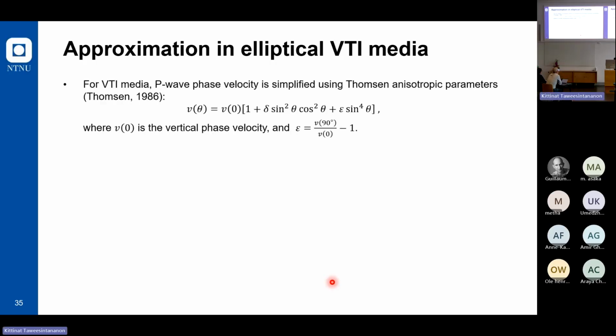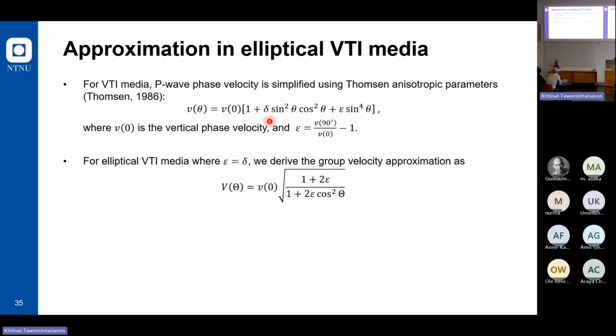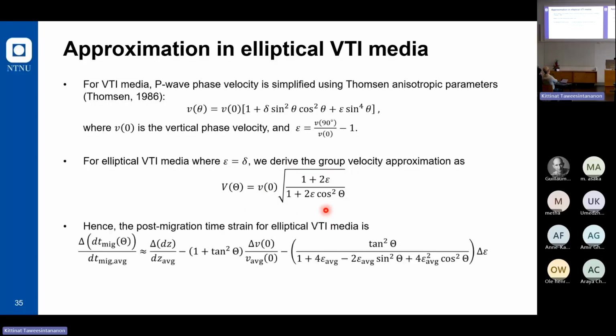I go further to approximate it in elliptical VTI media. For VTI media, we know that from Leon Thomsen, they proposed these parameters for VTI, or vertical transverse isotropic media, where small v here is the vertical phase velocity, and introduce epsilon and delta into the equation. For elliptical VTI media, we assume epsilon equals delta, and then we can simplify and derive the approximate group velocity as a function of phase velocity in this form.